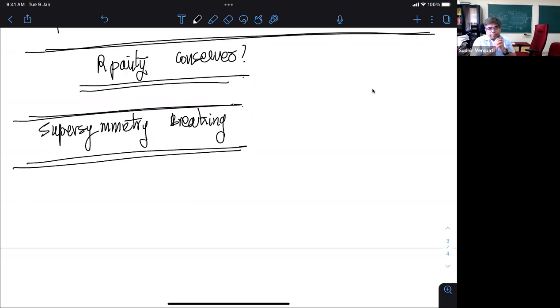But the examples we have seen in supersymmetric QED are explicit supersymmetry breaking terms. We added soft supersymmetry breaking terms into the Lagrangian. So why don't we do spontaneous supersymmetry breaking in the MSSM? Anybody?